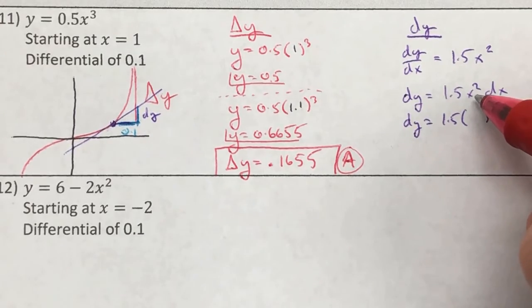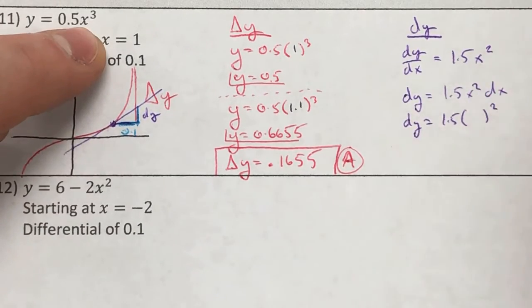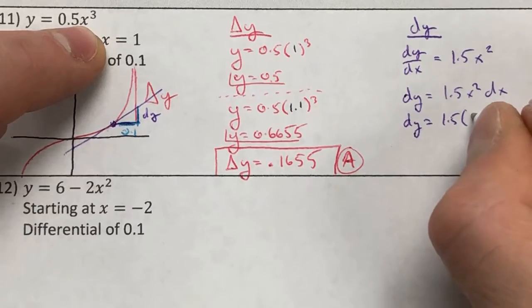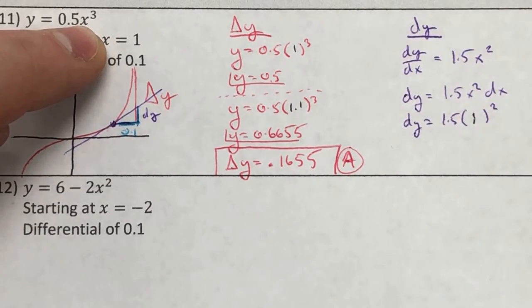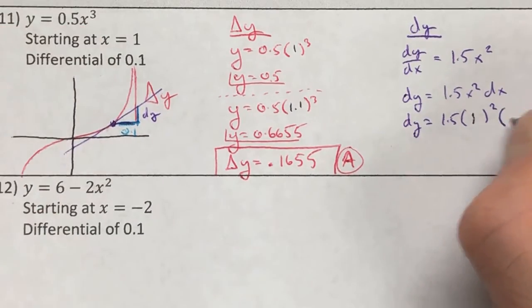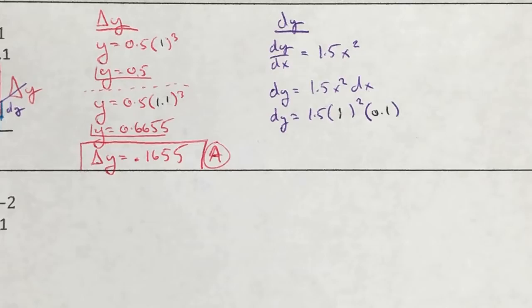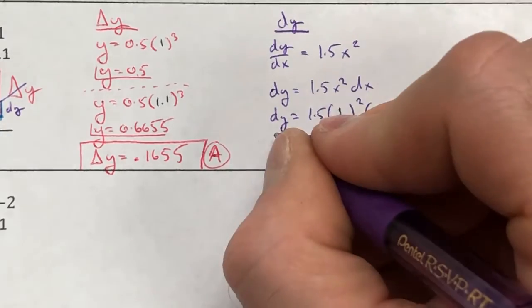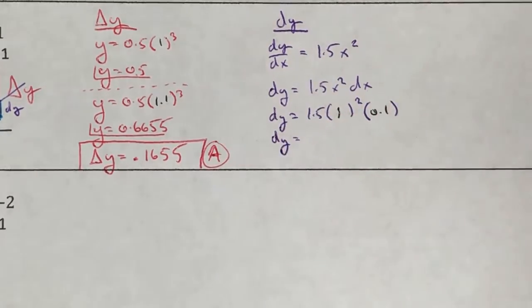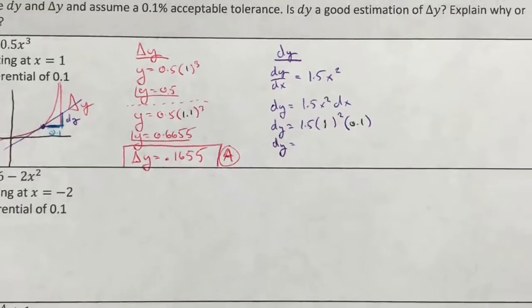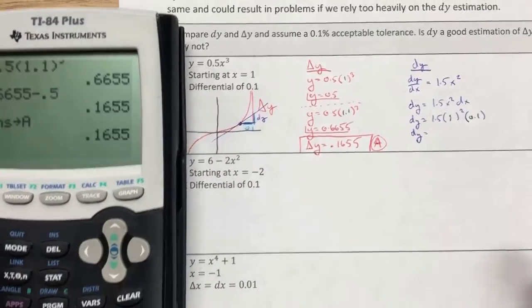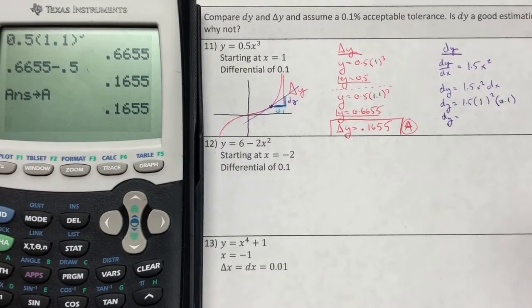So if I take my x squared, which was my original x, so I'm going to put that, why not, let's do that in 1, times the change in x, or the differential of x, which is going to be 0.1. So I can do both of these at the same time. And so my differential of y is going to be equal to, again, let's pause this and pop this in here.